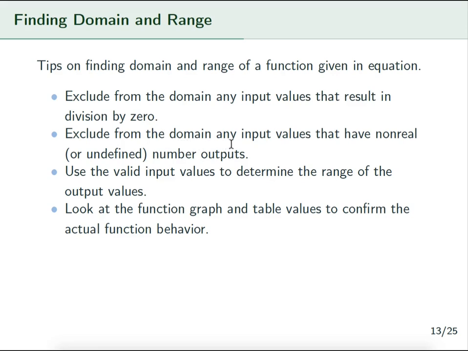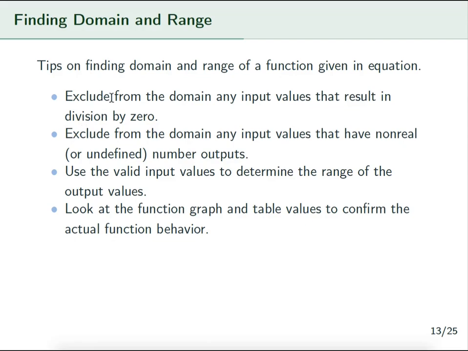And exclude from the domain any input values that have non-real or undefined outputs. Then use valid input values to determine the range of output values. The fourth step is like a verification. We can check our work by looking at the function graph, if the function is graphable, and table values to confirm the actual function behavior.